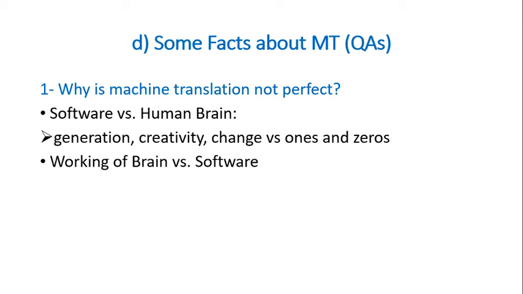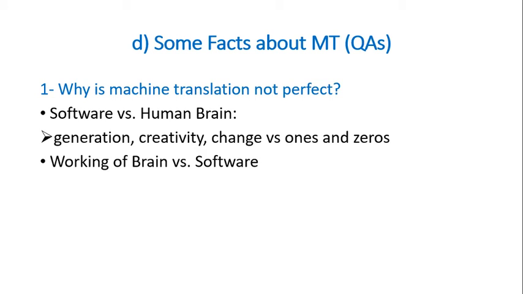Why is machine translation not perfect? One of the reasons, which is the biggest one, is the difference between the functioning of software and the function of the human brain. The software is always limited, programmed, told to do certain things, whereas the human brain is not limited. It generates new ideas. The human brain is creative.